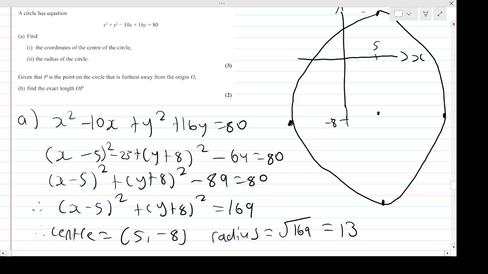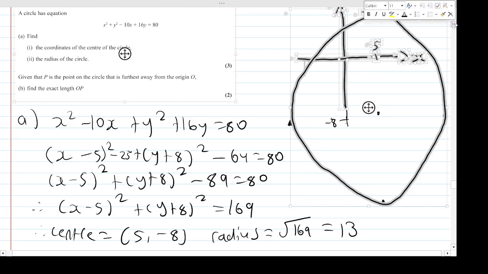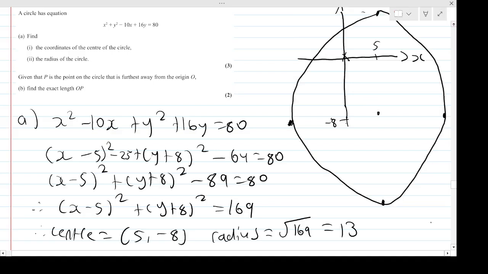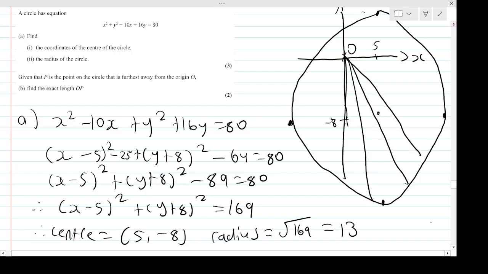Now what we are told is that P is the point on the circle that's furthest away from the origin. Now the origin is here. So if we draw from the origin to any point on the circumference of the circle, where's the furthest away it's going to be?